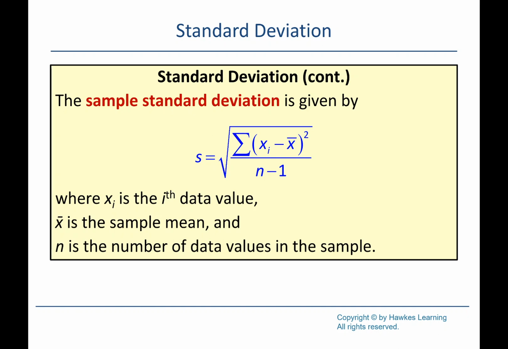One thing that changes is that we're switching to our sample labels instead of our population labels. So here, instead of mu for the population mean, we use x bar for the sample mean. And instead of uppercase N for population size, we use lowercase n for sample size.